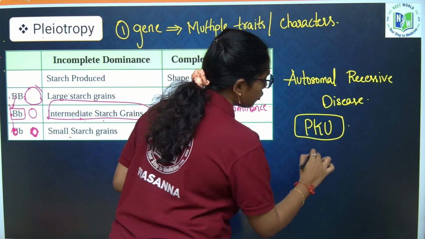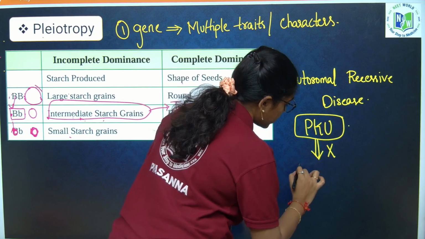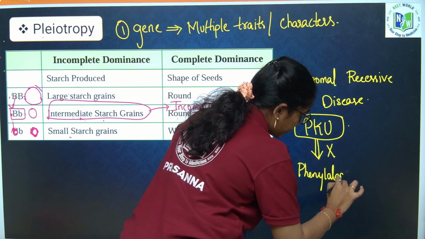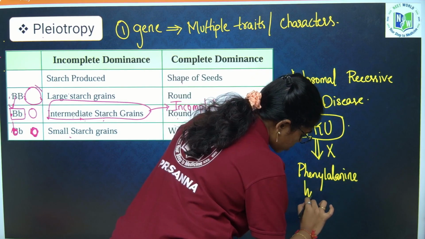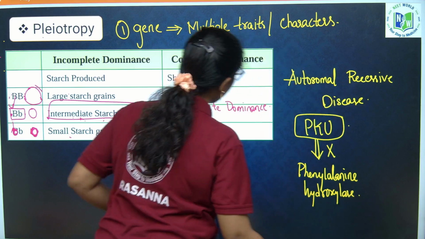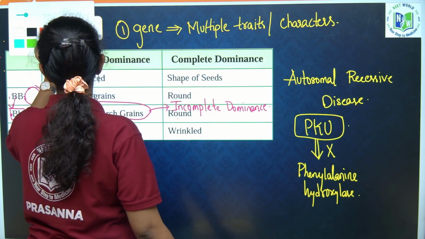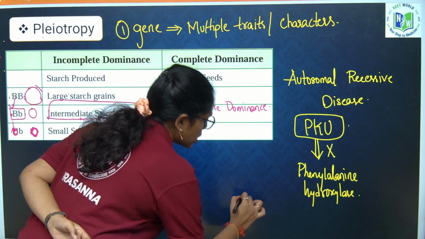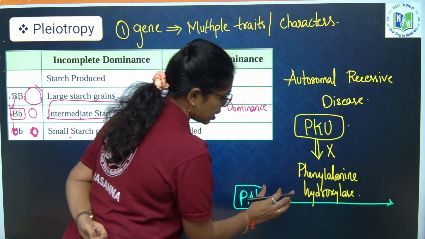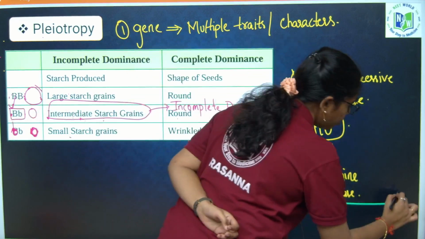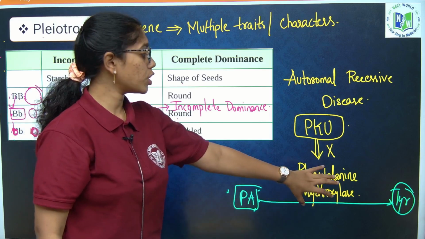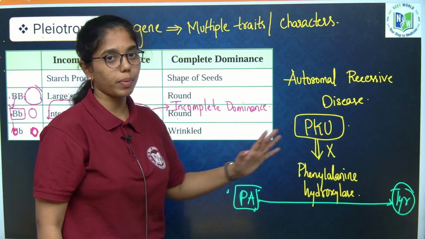This is because of absence of one enzyme, that is phenylalanine hydroxylase, wherein the aromatic amino acid, that is phenylalanine, this phenylalanine hydroxylase will convert phenylalanine to tyrosine, so that the functional properties of the amino acid are expressed properly.